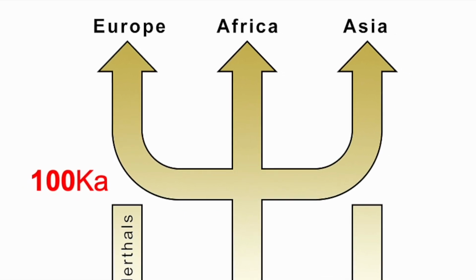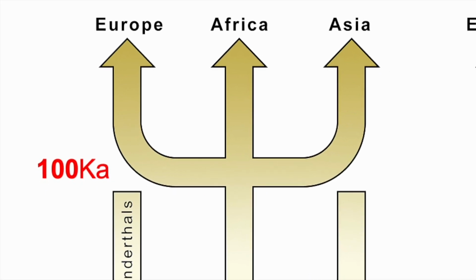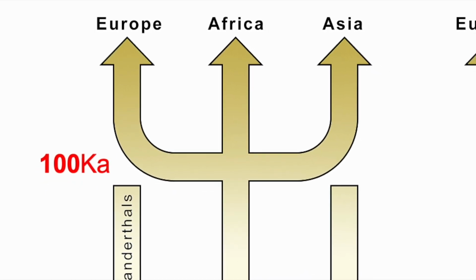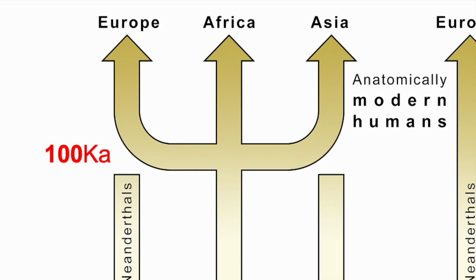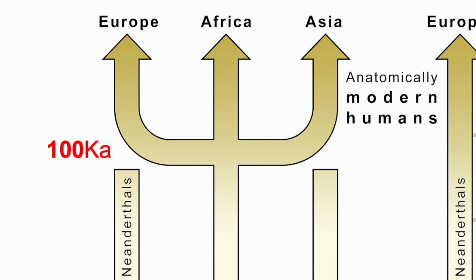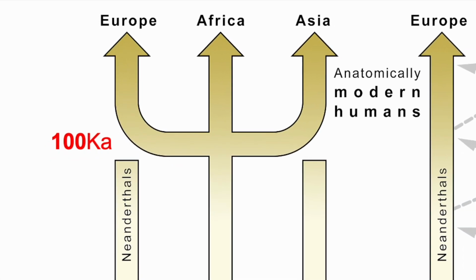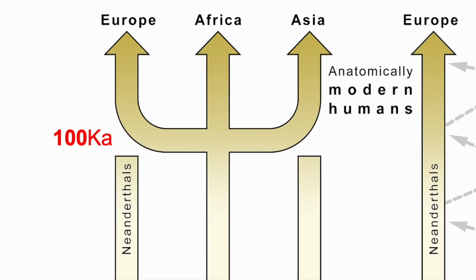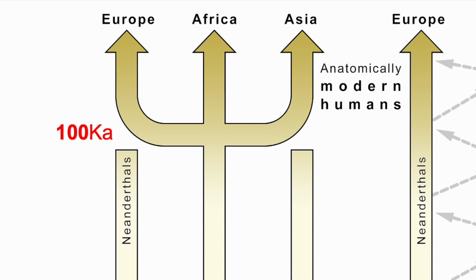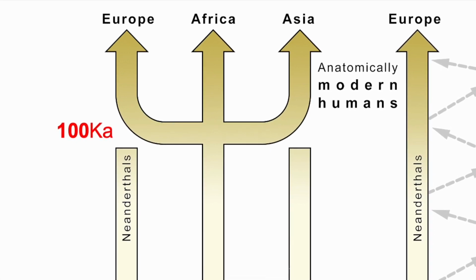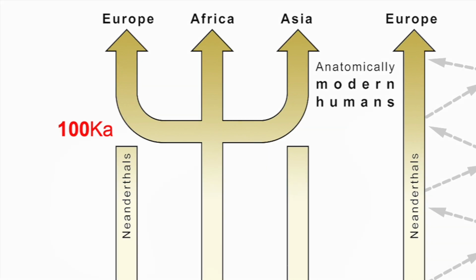So those African populations, in a second wave of migration, move out of Africa into Europe and into Asia, giving us the anatomically modern humans that we observe there today. And significantly, you'll see that on the scheme, the Neanderthals are shown essentially as a dead end. They don't contribute to the genetic makeup of the populations in Europe.